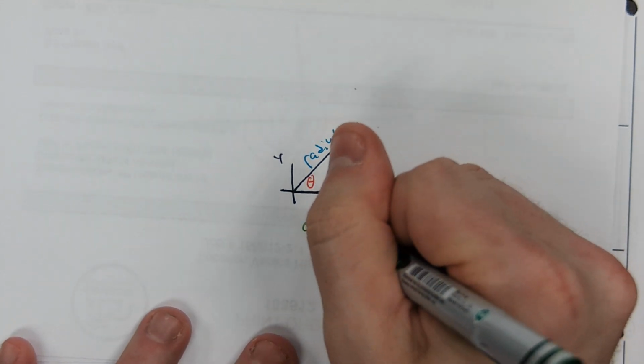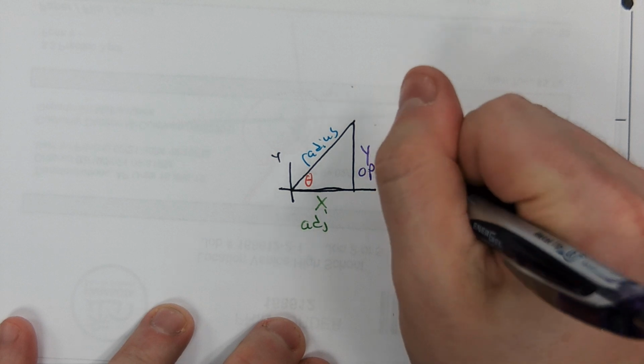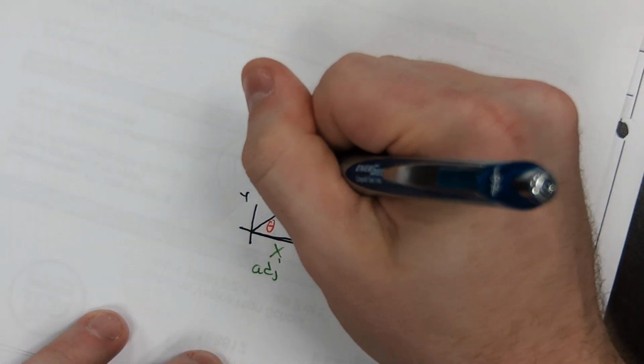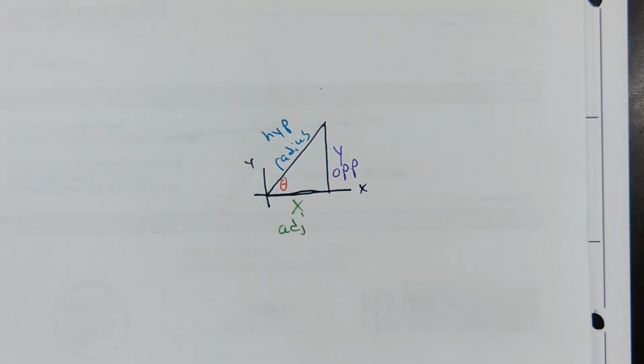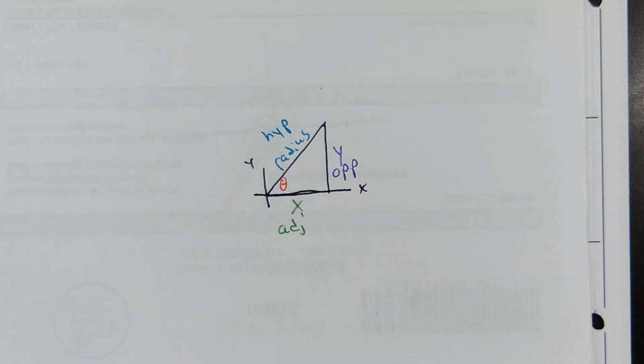This side is adjacent to theta. This side is opposite from theta. And this side is your hypotenuse. This is your memory breadcrumb. This is how you're going to master x, y, and r, and how you're going to let go of SOHCAHTOA. We need to have mastered x, y, and r to be successful. Please believe me when I say that.